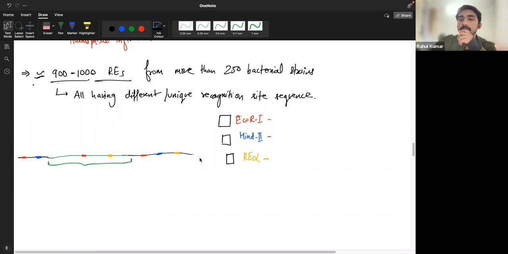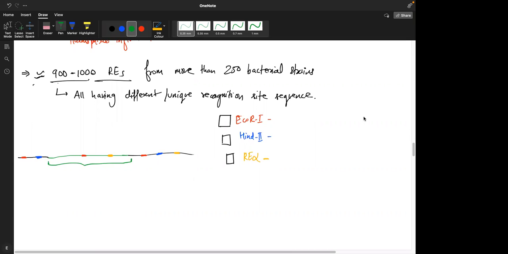I think it should be HindII. I'm not very sure, but if we take EcoR1, there will be unnecessary segments too.